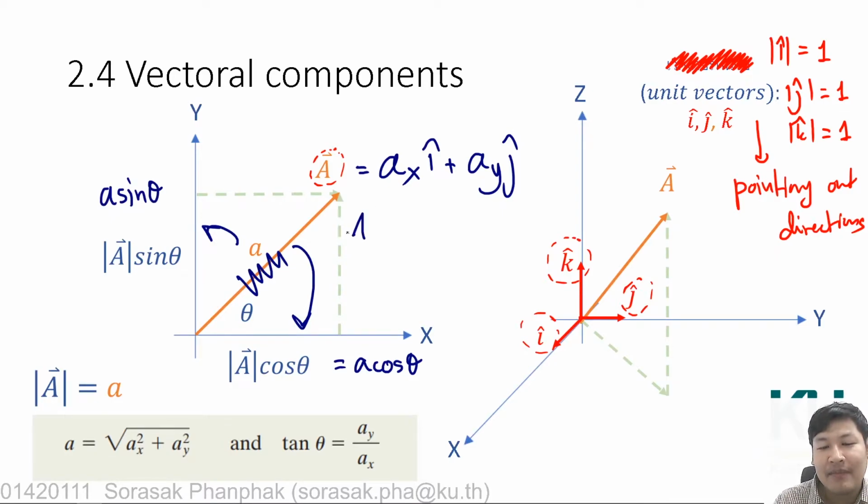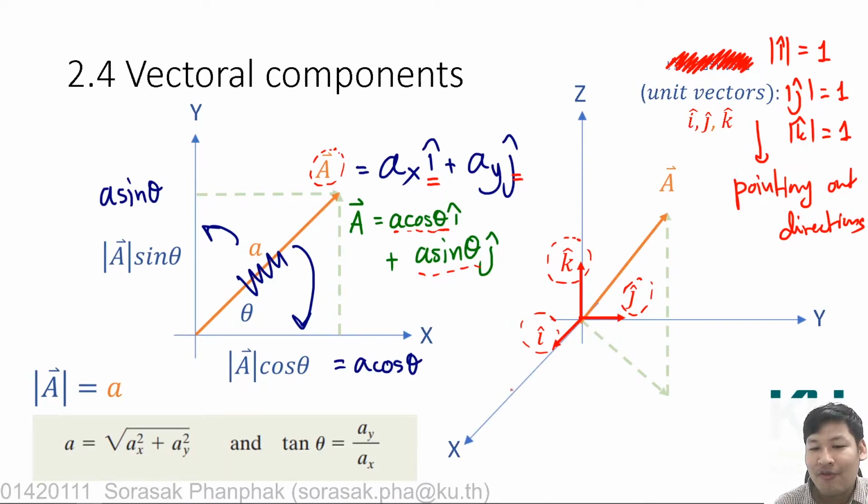So you have the vector a as a cos theta i, plus another one, a sin theta j. You can see we use i and j to tell the direction, and in front of them is a component to tell the magnitude, how long this vector is along the x and y directions.